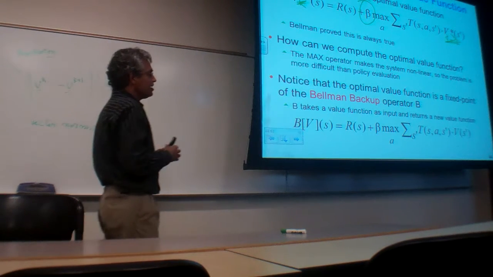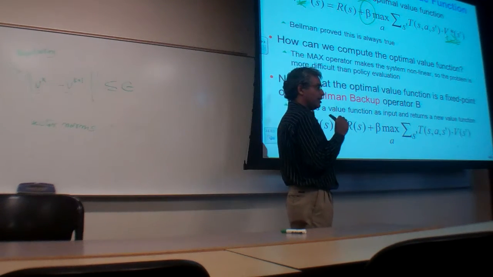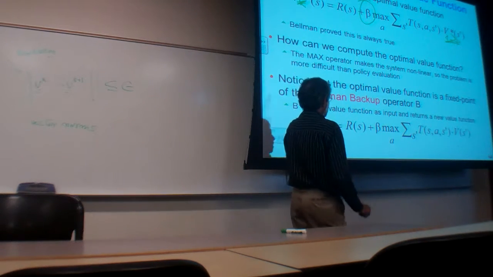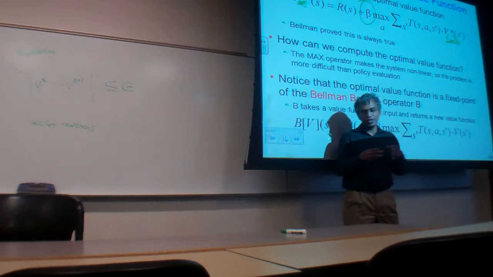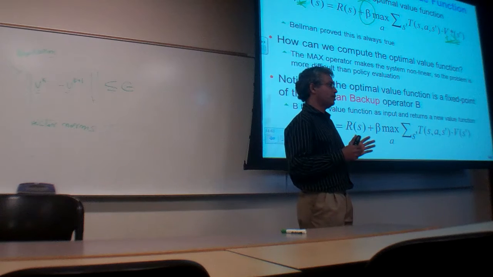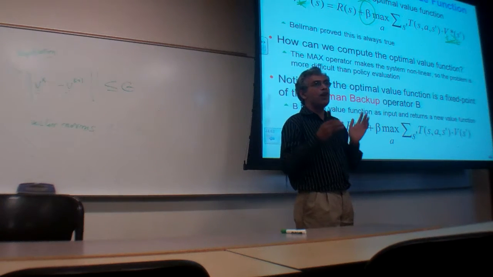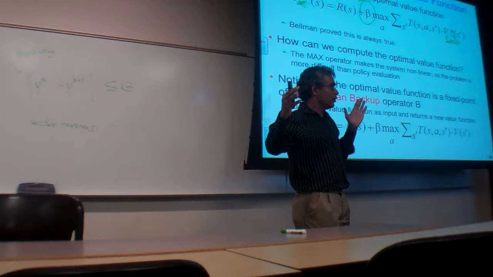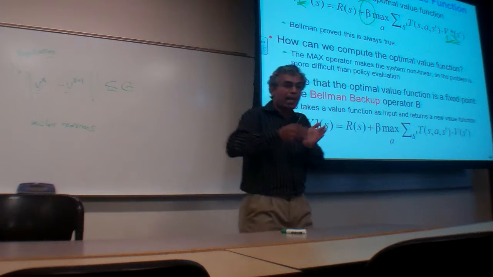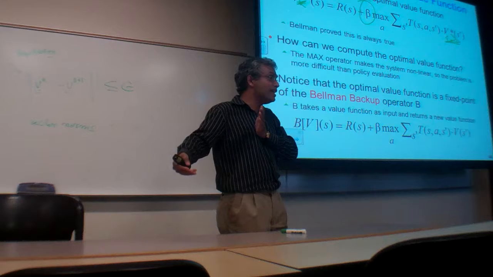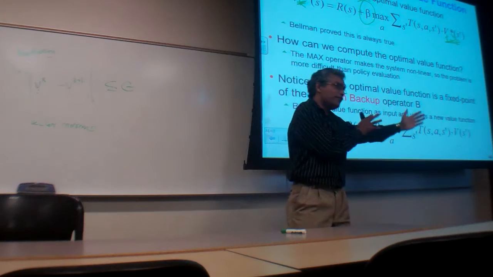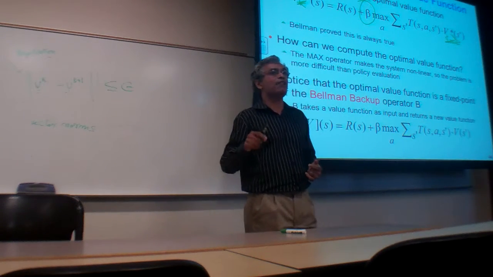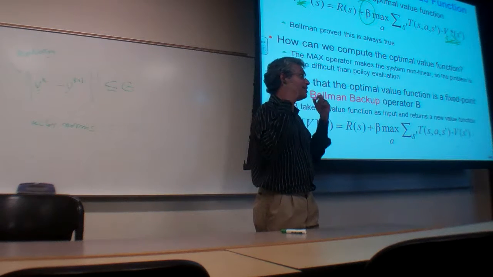The reason it works, let me get back to that in a minute. It turns out that the Bellman operation has a property called the contraction property. When you apply the Bellman operation to two value functions, the distance between the Bellman-applied value functions is less than the distance between the original ones by at least a factor of beta, where beta is the discount.